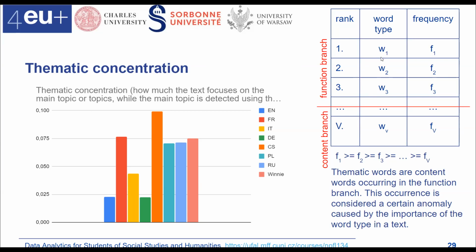So in other words, thematic concentration can be interpreted as the writer's effort to communicate some topic more intensely than other topics, and topics are represented by thematic words, right? And I think that this plot is perfectly in line with the vocabulary richness we already observed.